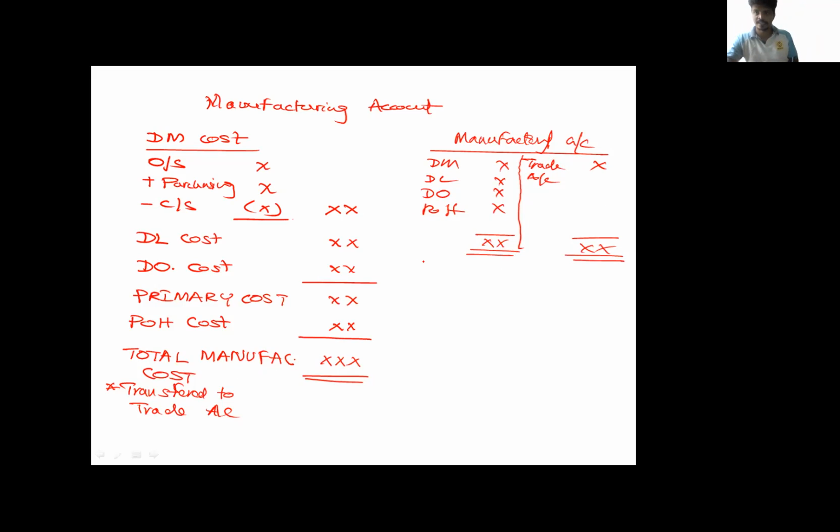Then after this one we can start the trade account. That means opening stock, here materials, opening stock plus cost of production. Okay, then closing stock, here materials, and this is known as cost of sales.